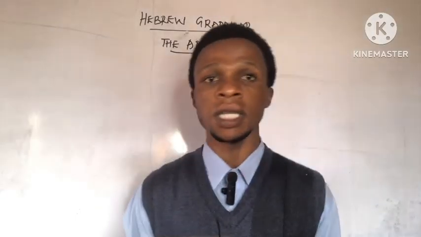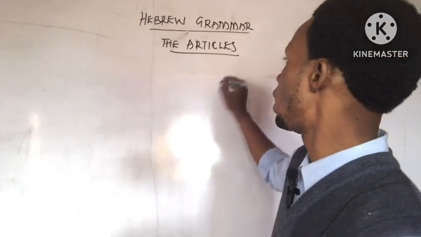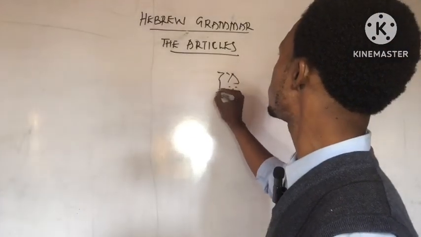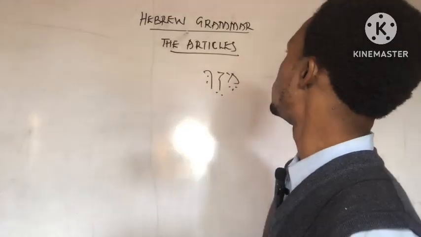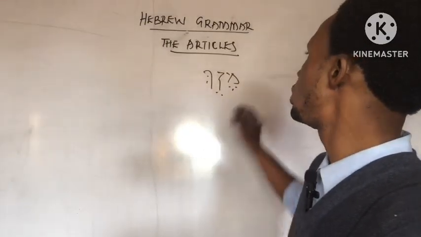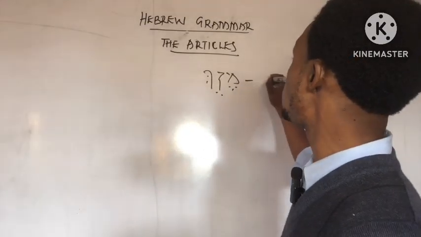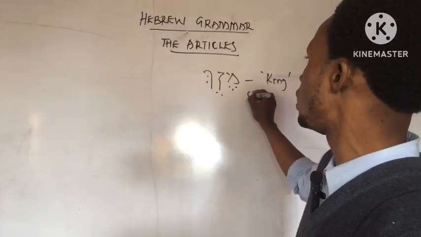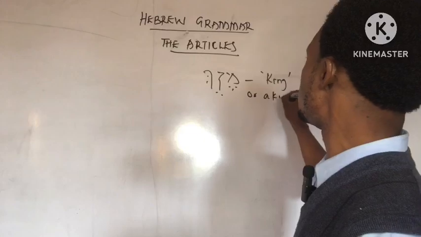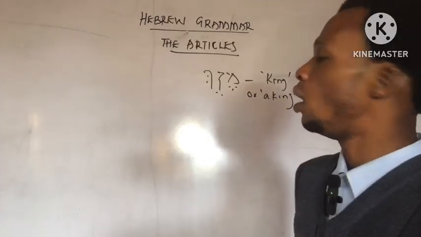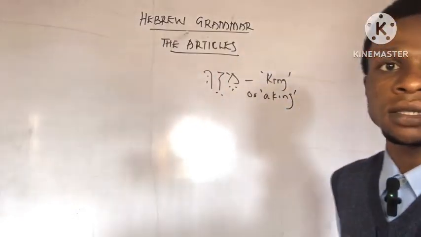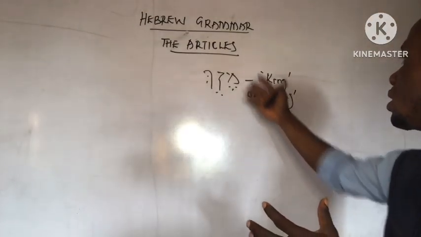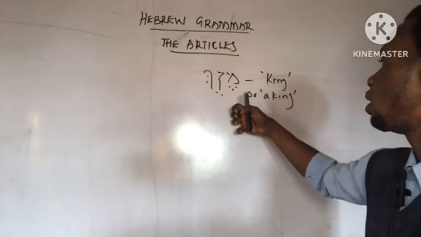In Hebrew, for instance, we have the word melech, which means king, and we can also say a king. Looking at this very well, there is nothing in the word that directly indicates a king.